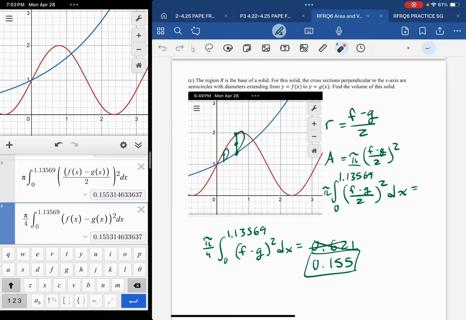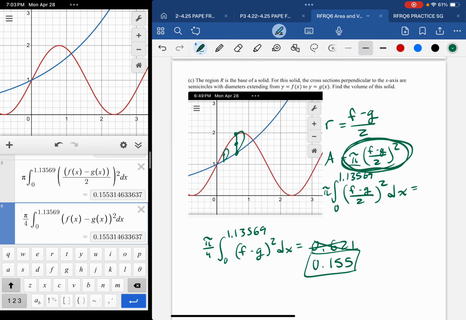Oh, you know what I didn't do? I didn't half this. Right now, as this sits, it's just the area of the whole circle. We need the area of a semicircle. So I got to half this guy, which would put that 2 right underneath the pi, which would make this guy an 8. So if I go over here and fix that, dang, I can't believe I made that mistake.